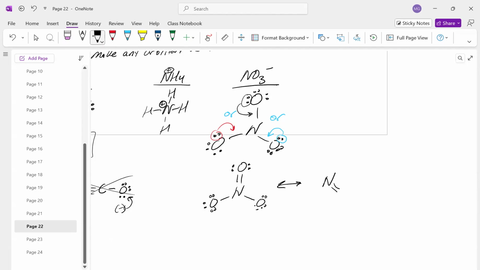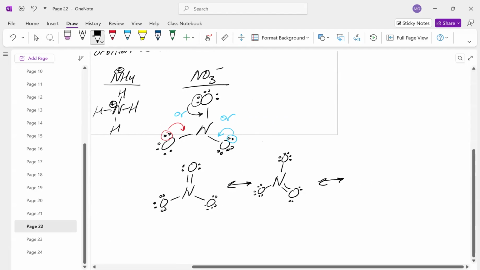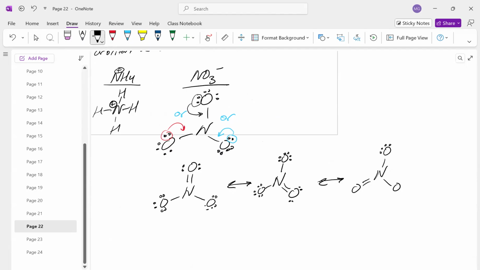We'll have a resonance form where this oxygen has the double bond. And then finally, we'll have a resonance form where the left oxygen has a double bond, depending on which we arbitrarily picked to form the double bond with the nitrogen.